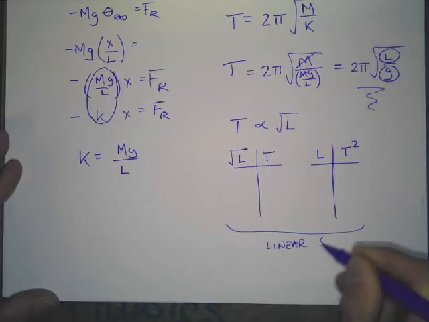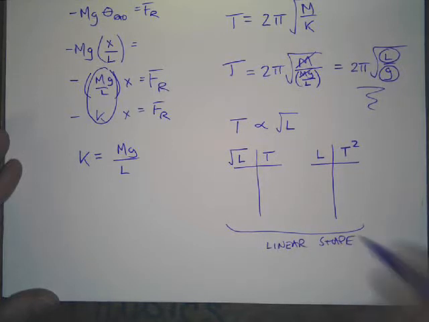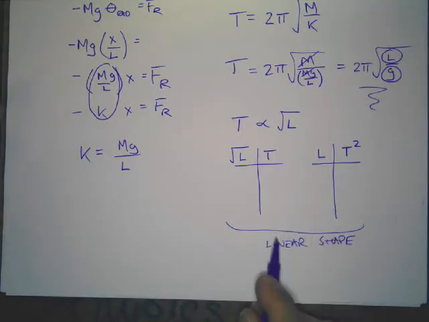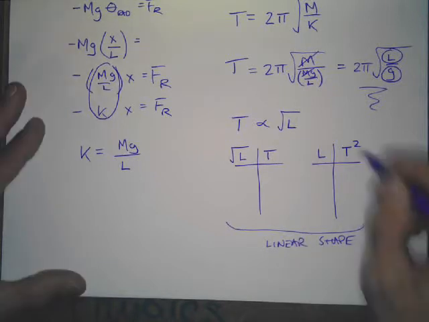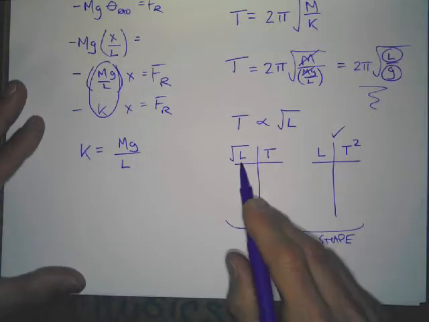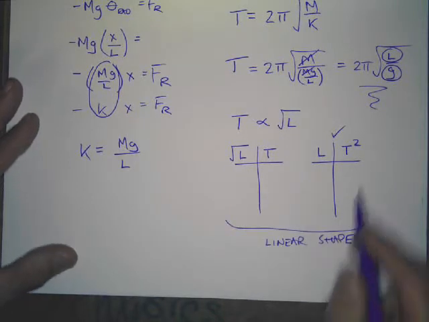Okay, so I do want you to do that in class today, is I'd like you to pick a way to do it and graph it up. Personally, I think this is a little bit easier. I like squaring things better than square rooting them. So I guess I would recommend doing it this way if you can, is to graph it that way.